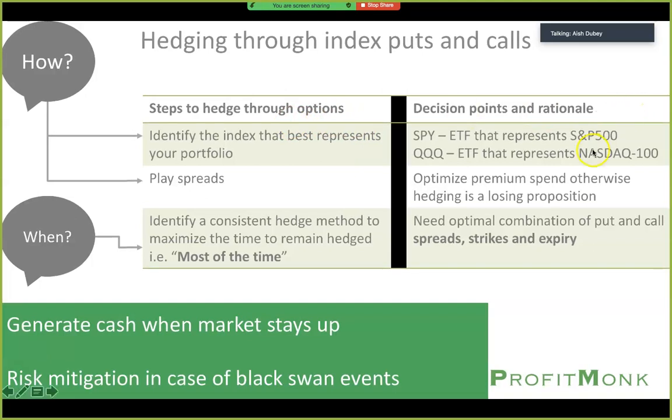Some others are more tech savvy and believe in the tech-is-king mandate more, and would play in the NASDAQ. So these are the 2 indexes, with representative ETFs SPY and QQQ, that represent either S&P 500 kind of investors or NASDAQ.